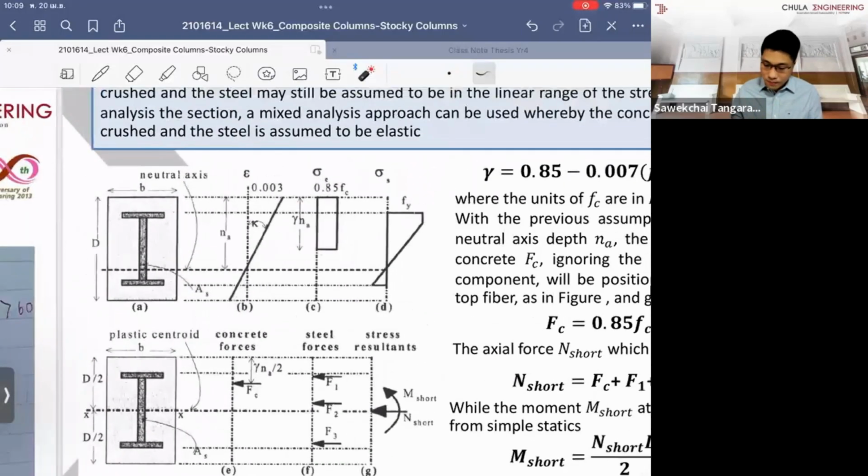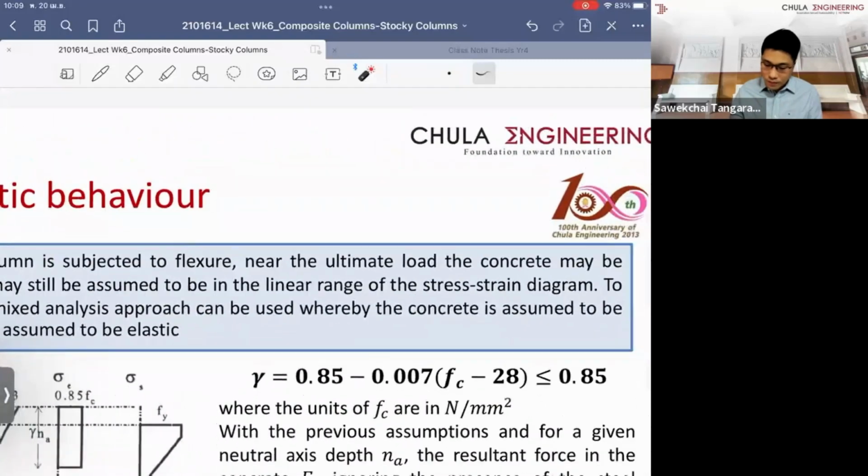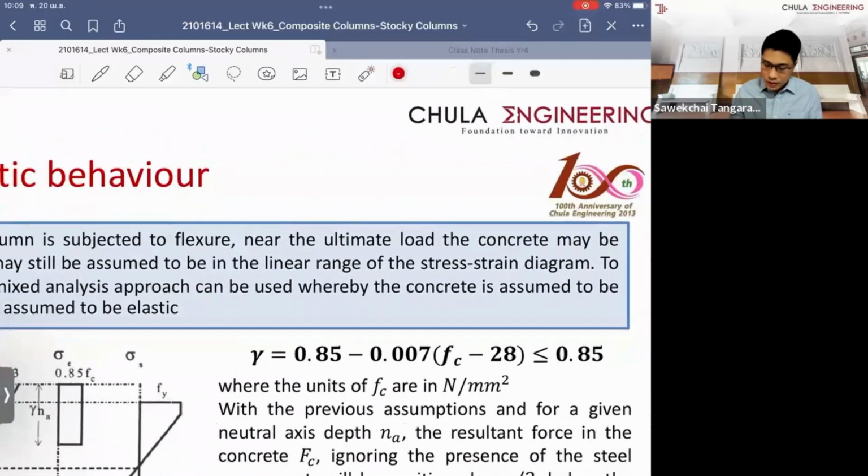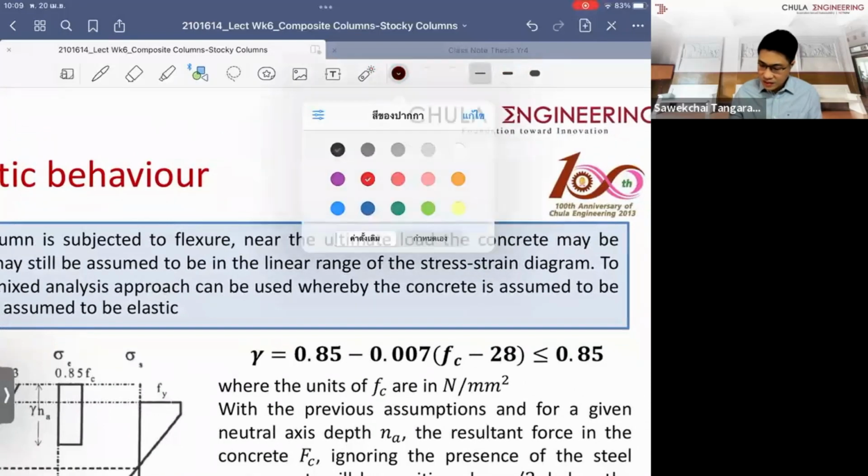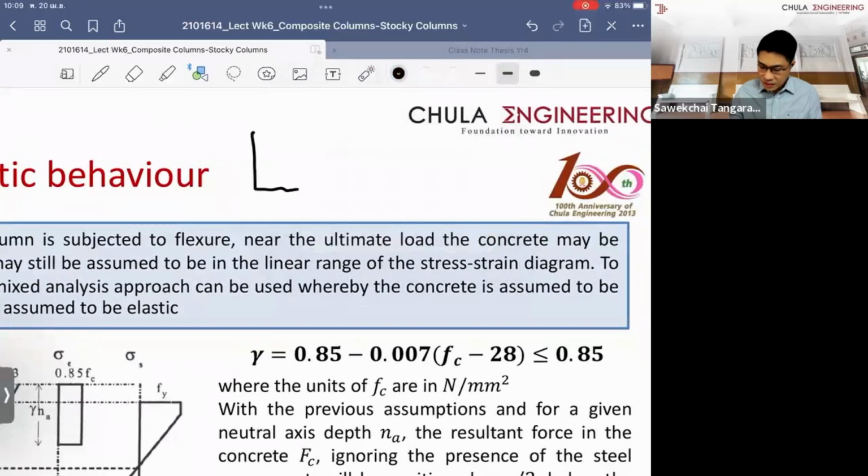Remember for the beam, if you recall what we just learned before, we say that the neutral axis, we started from the centroid, and we keep varying the value of the strain.